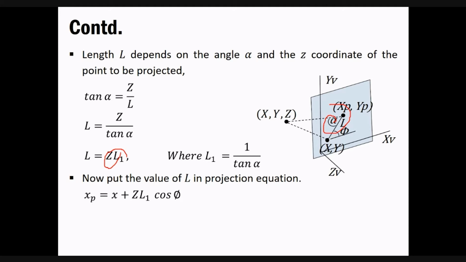This alpha value could be anything, like 0 or 1. It depends on the scenario, or on the concept that you are learning. And yp is equal to y plus Z L1 sine phi. So now we have two such equations in our hand.